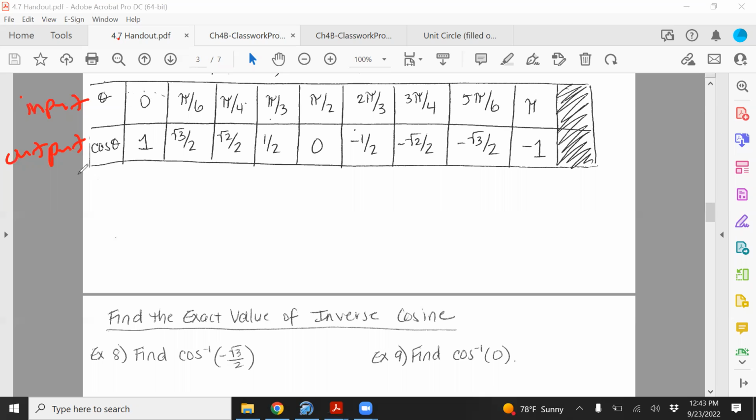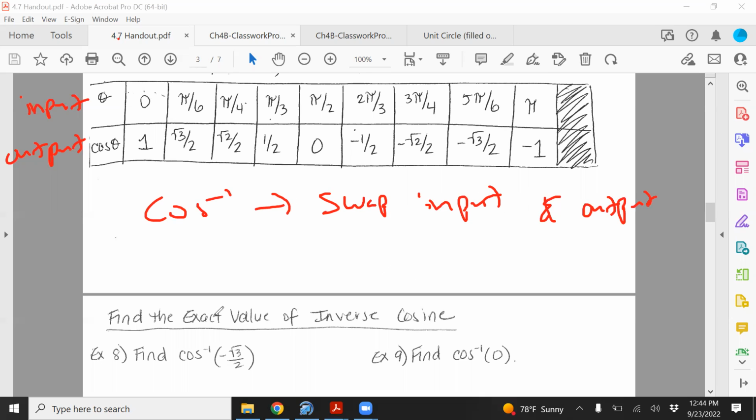Okay. So this right here, guys, is a table of cosine. So for inverse cosine, swap input and output. Negative root 3 over 2, I see where.